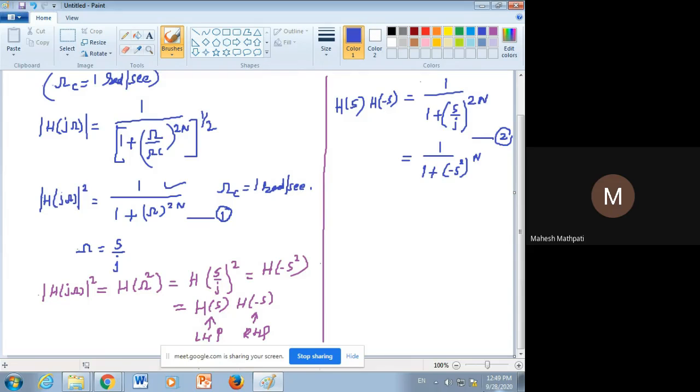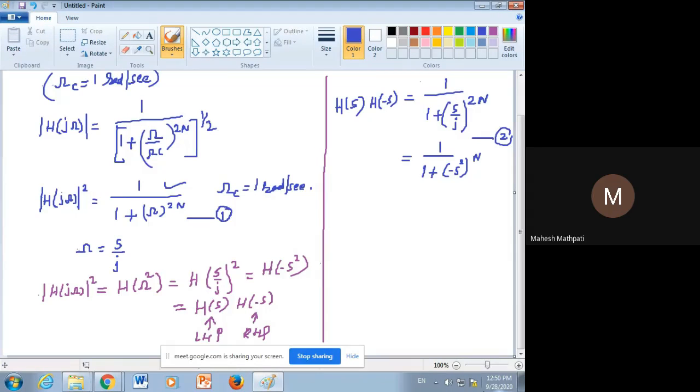If h of s has the roots in the left half of the plane, then h of minus s has the corresponding roots in the right half of the plane, that is RHP, you can write.